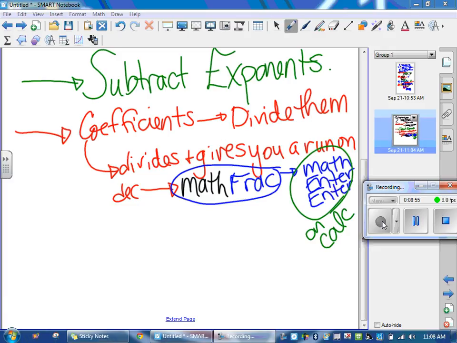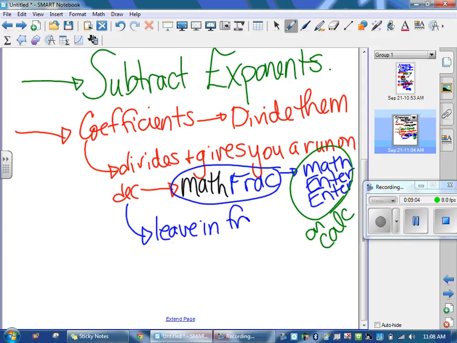So if it divides and gives you a run-on decimal, you math bracket and leave it in fraction form. We're going to be doing a couple examples like that, so you'll understand what that step actually means. We'll do some examples. I'll let you get caught up there.